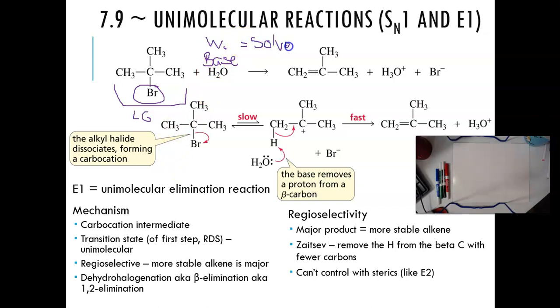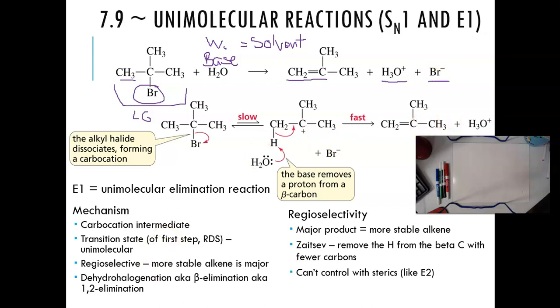Because it's an elimination reaction, we're going to lose that leaving group, we're going to lose one of our beta hydrogens, and in its place we're going to get an alkene. Here is our base that has removed that beta hydrogen, and there's our leaving group.